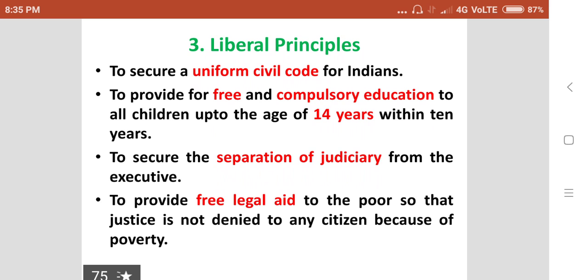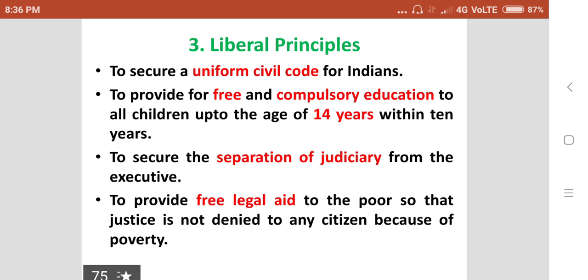Some liberal principles, which is the third classification of directive principles. So, here are some liberal principles listed. First one, to secure a uniform civil code for Indians. So, one law for the whole country, irrespective of religion of the people.